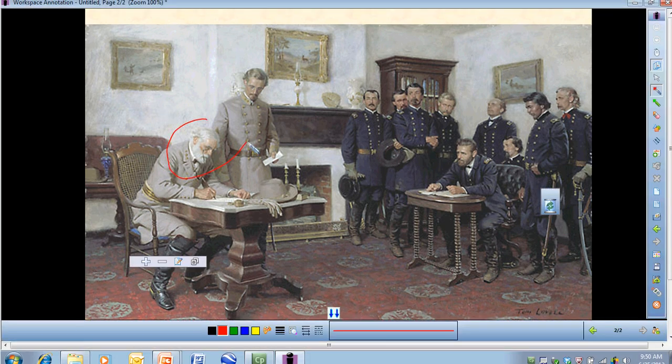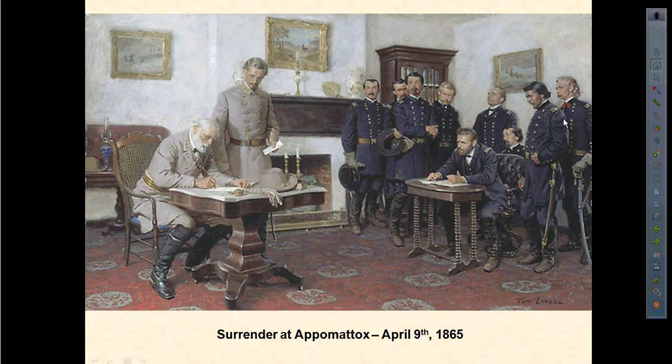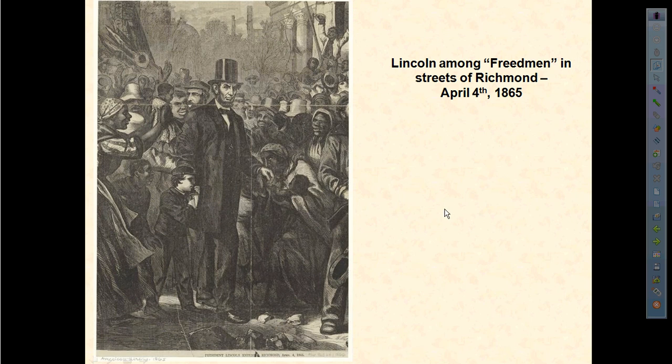And then it came to an end, basically, or the beginning of the end, with General Lee surrendering to General Grant on April 9th of 1865.